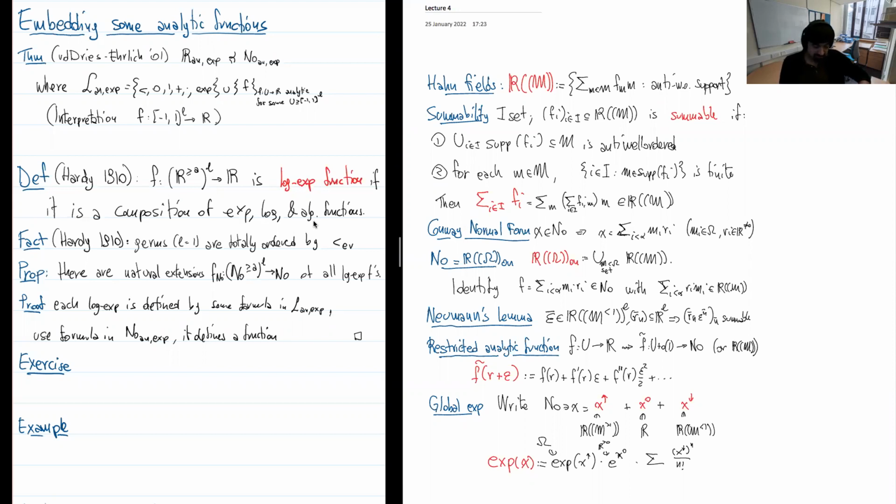Okay, and so an exercise, for example, is that the map sending the germ of a function f to its value is injective and order preserving.